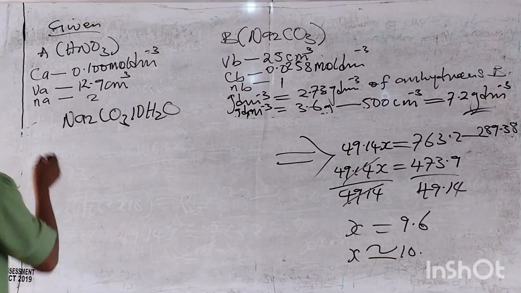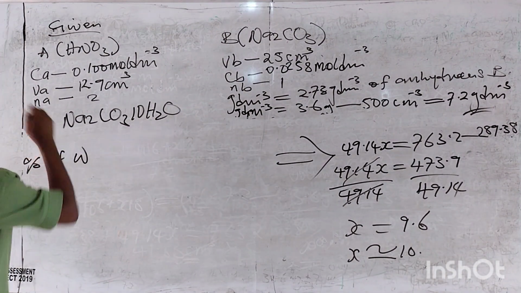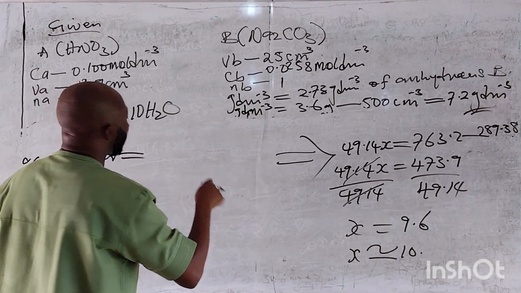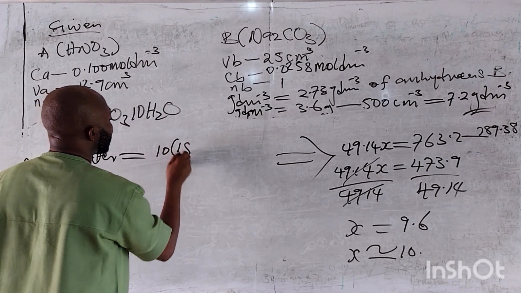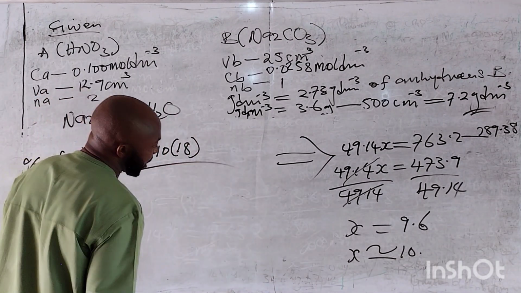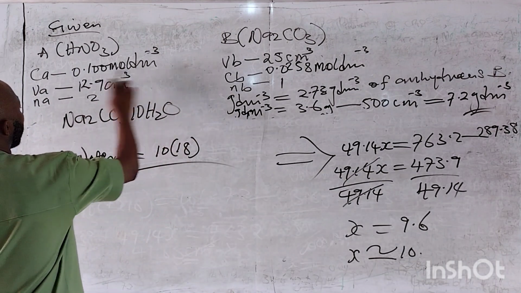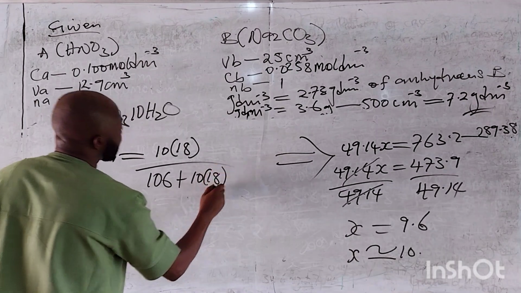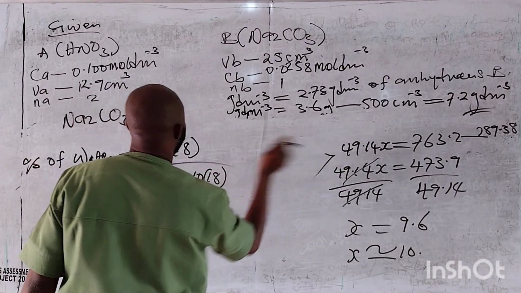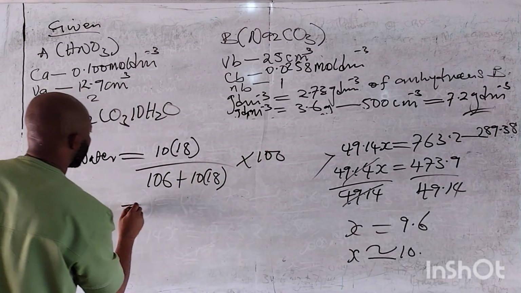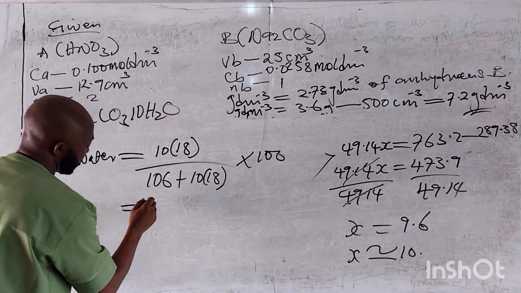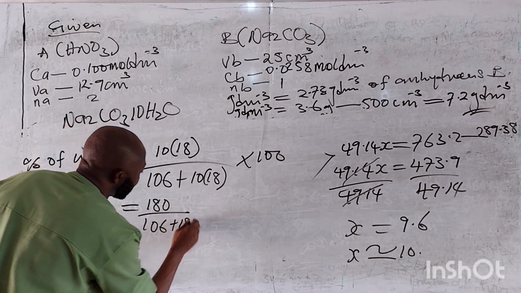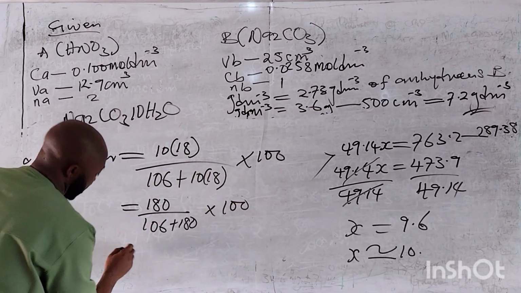Now, percentage of water of crystallization equals the mass of water, which is 10 times 18, over the total mass, which is 106 plus 10 times 18, times 100. 10 times 18 is 180. 180 over 106 plus 180, times 100.